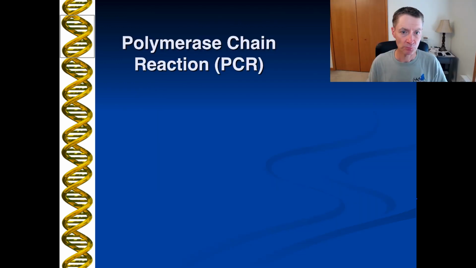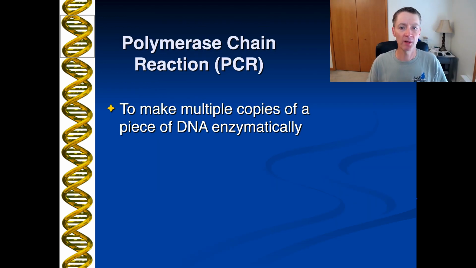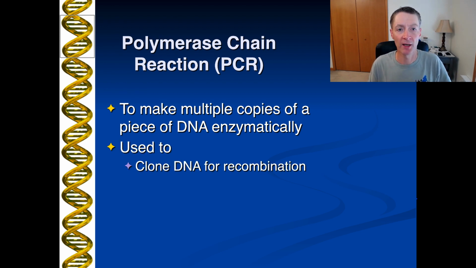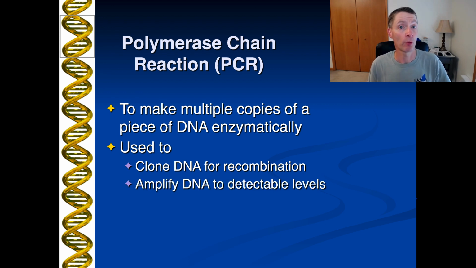Okay. So what are some of the things that we do with this particular tool of polymerase chain reaction, PCR? This is used to clone DNA for recombination, amplify DNA to detectable levels, like maybe that crime scene example, or maybe some scientists have done this with woolly mammoth DNA.